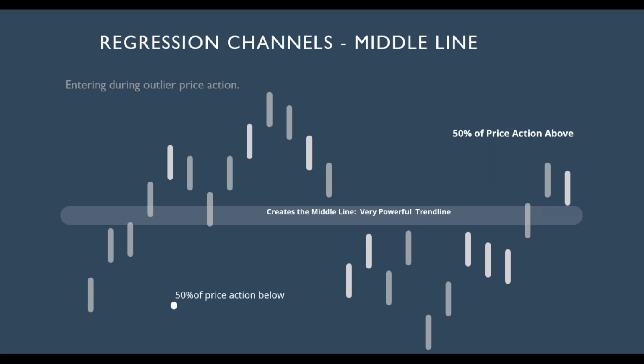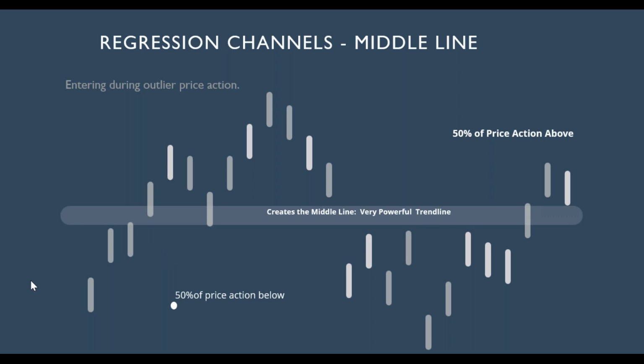The last indicator I use is the regression channel. Regression channel is a very powerful tool. The mean of the regression line is calculated by 50% of the price above and 50% of the price below. So this is an excellent trend line.